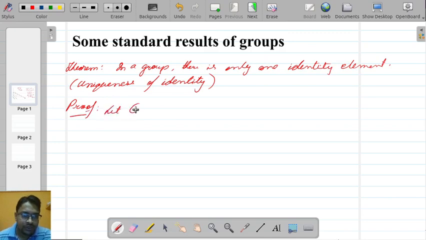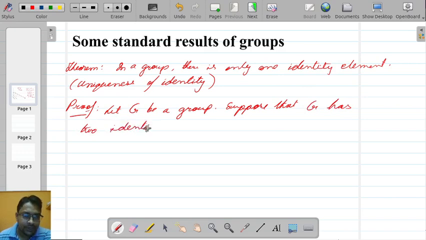Let G be a group, and suppose that G has two identity elements, say E and E bar.